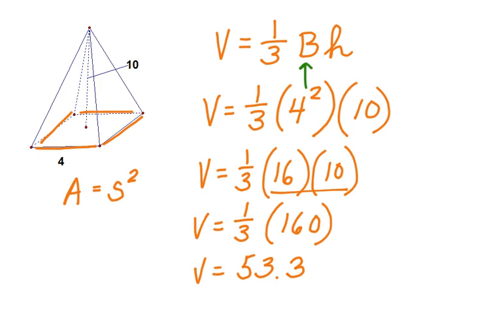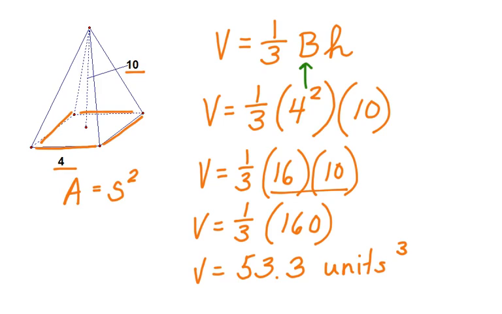And because the 3's would go on and on, we can leave it at 53.3. Now we haven't been given specific units, so it's 53.3 units cubed. Whenever we're talking about volume, we're talking about cubed units.